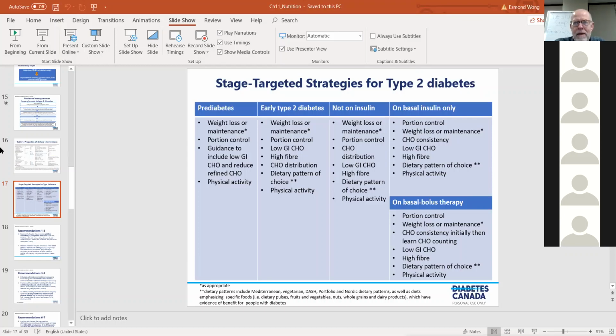Okay. If you've got someone with early type 2 diabetes, then of course the same thing about weight, portion control, the glycemic index. We would also then look at carbohydrate distribution. Well, I guess we don't really know.